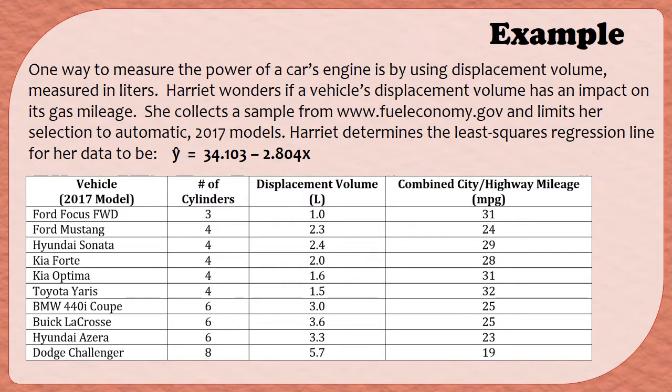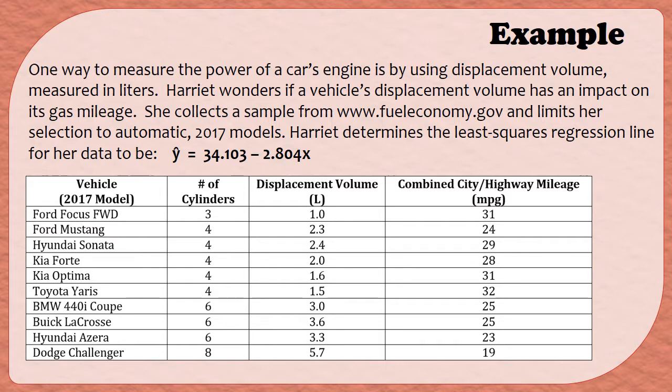Just a reminder that throughout the videos of Module 4, we've been exploring some data that Harriet collected about the displacement volume and the combined city and highway mileage for several vehicles from 2017. Harriet has also determined the least squares regression line to be y hat equals 34.103 minus 2.804x.